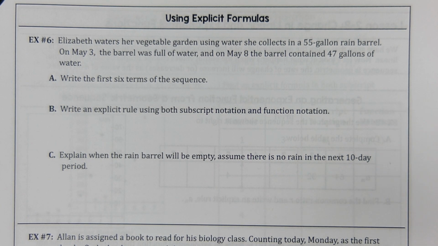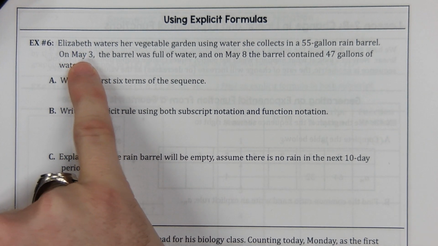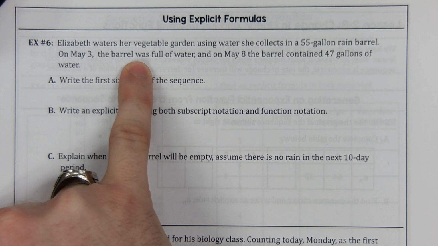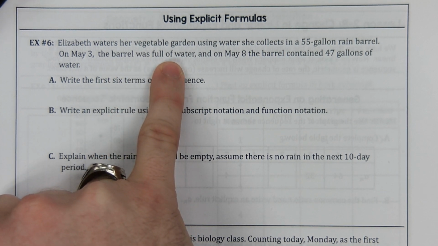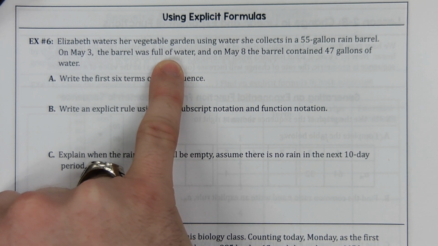And if we do that, then does May 3rd, when the barrel was full, represent A sub 1 or A sub 0? So if the barrel is full, how many times have we watered our plants? None. So if you say that N represents the number of waterings, then May 3rd represents A sub 0.